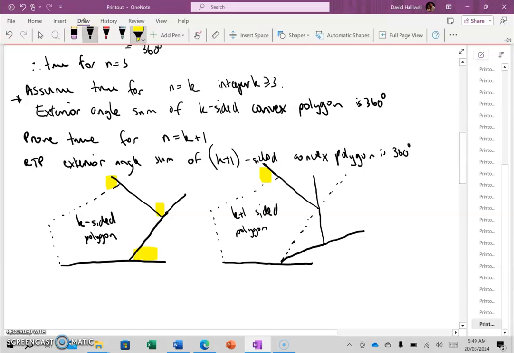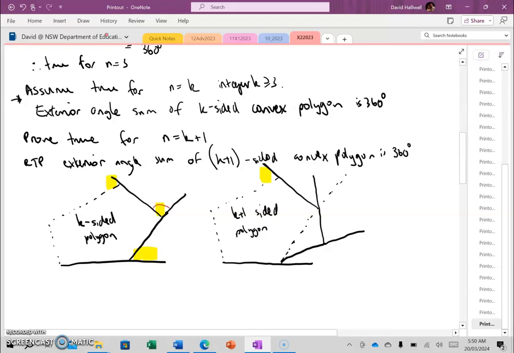There's been a little bit of a change. Convince yourself that what was this big angle has now been reduced. Okay, so let's call this one alpha. That guy's gone. It was in the kth case, but it's not in the k plus 1 case.